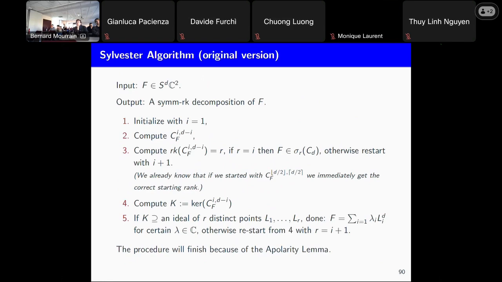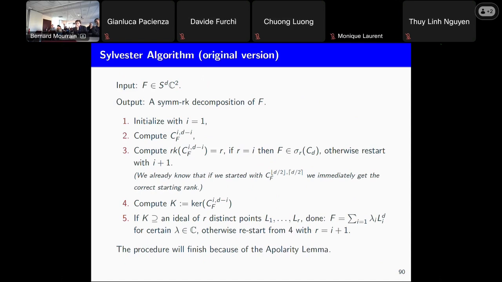Okay, so that's the original version of the Sylvester algorithm. Then you have your f of degree D in 2 variables, and you want the symmetric rank and the decomposition of your f. So the original version was: start with i equal 1 and compute the first catalecticant.